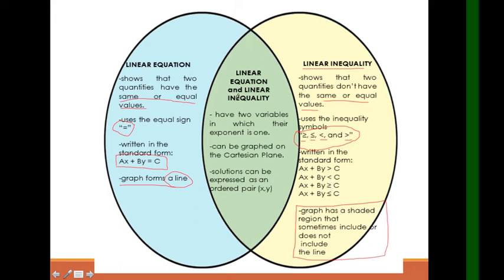Linear equations and linear inequalities have two variables in which their coefficient is 1, can be graphed on the Cartesian plane, and the solution can be expressed as an ordered pair x and y. So those are the similarities of the linear equation and linear inequality.